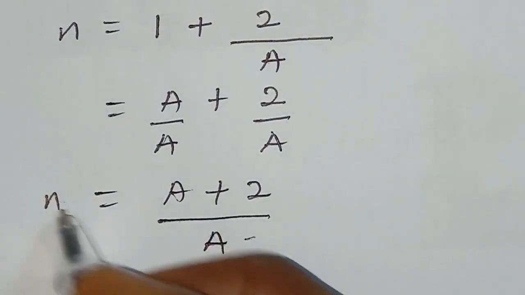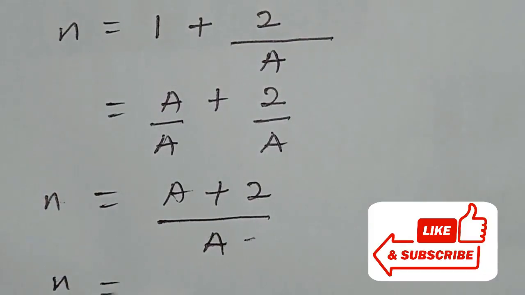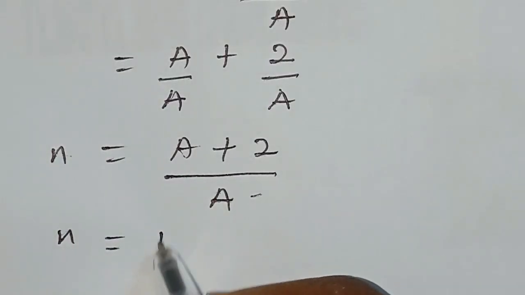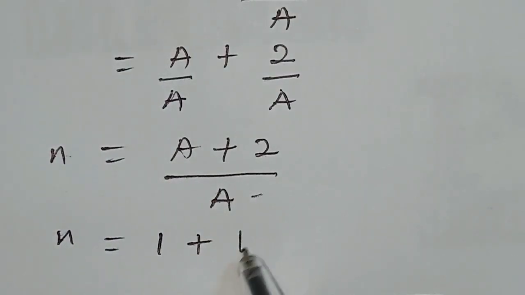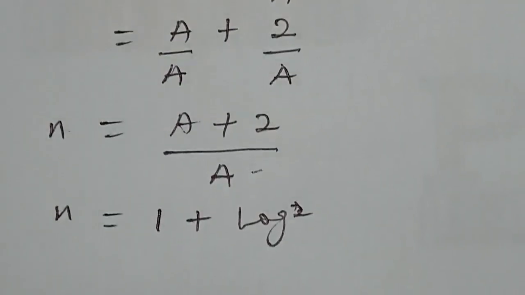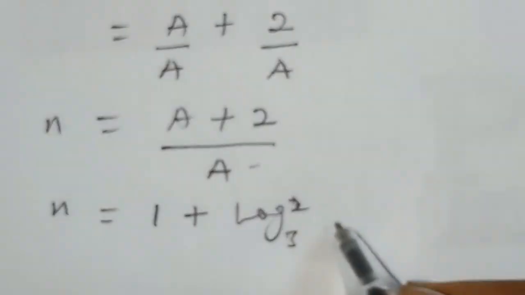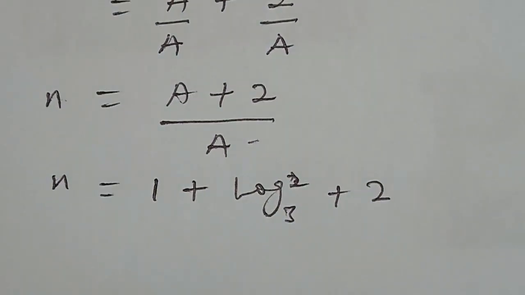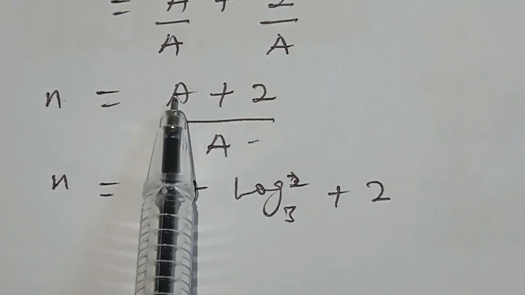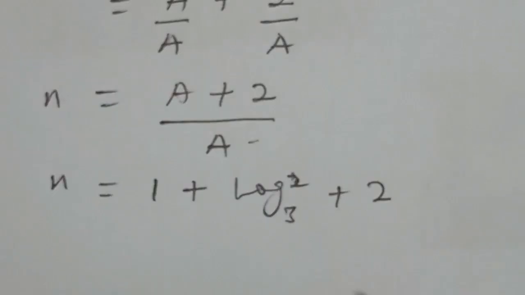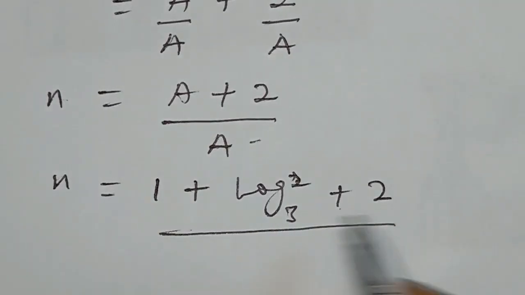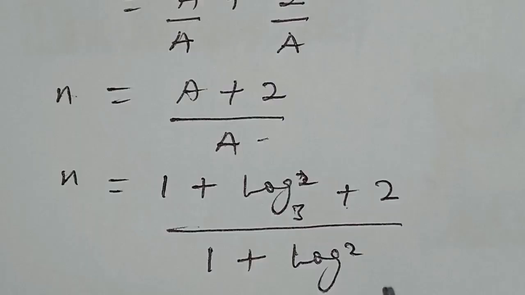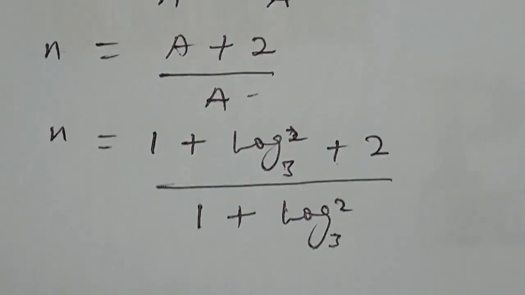So we now have n equal to (1 plus log 2 base 3 plus 2) over (1 plus log 2 base 3). Okay, this is our A, plus 2, over 1 plus log 2 base 3.